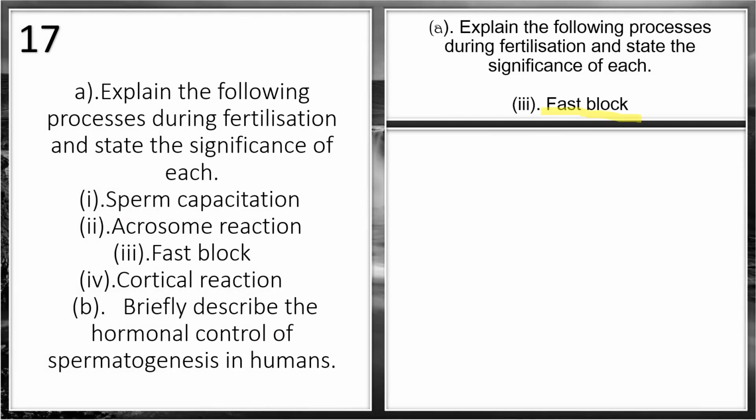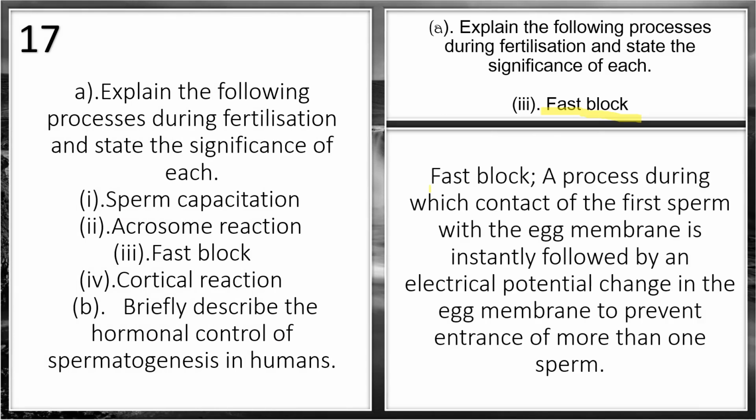Fast block. Fast block is a process during which contact of the first sperm with the egg membrane is instantly followed by an electrical potential change in the egg membrane to prevent entrance of any more than one sperm.